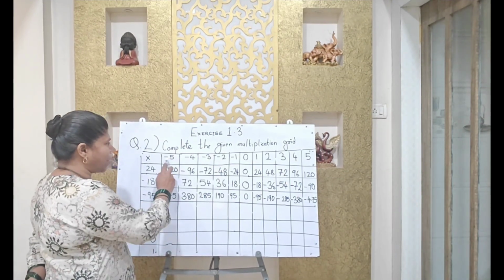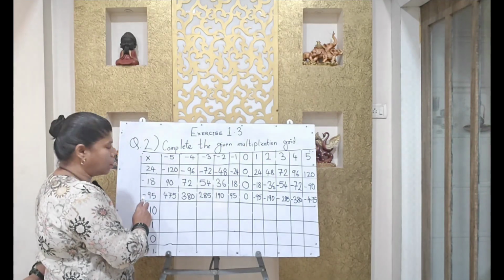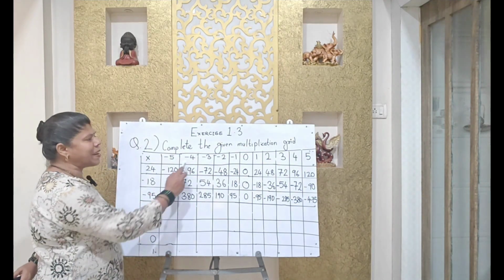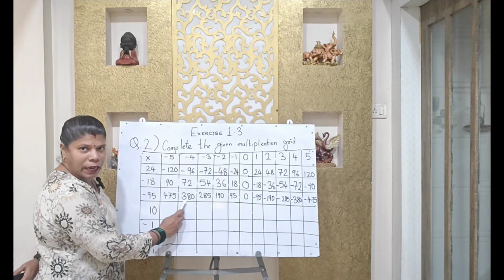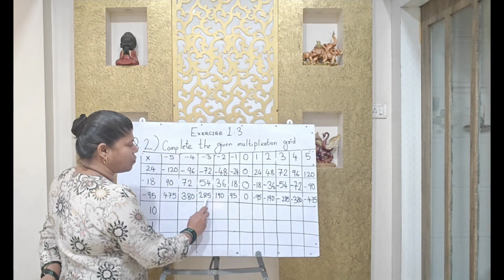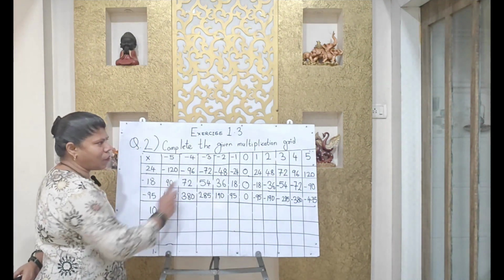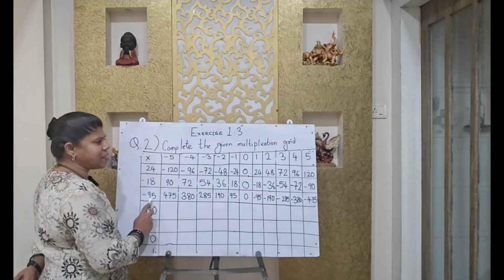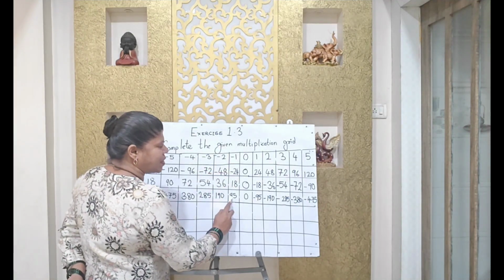Minus 95 minus, same sign. The answer will be positive 475. Minus 95 minus 4, answer 380. Minus 95 minus 3, 285. Minus 95 multiplied by minus 2, 190. Minus 95 multiplied by minus 1, 95.